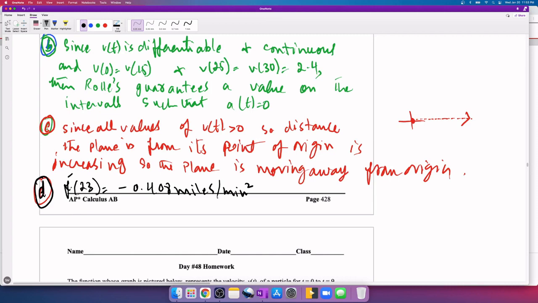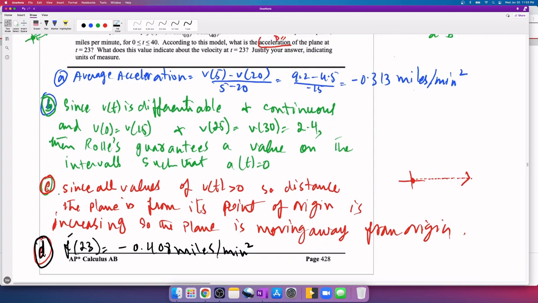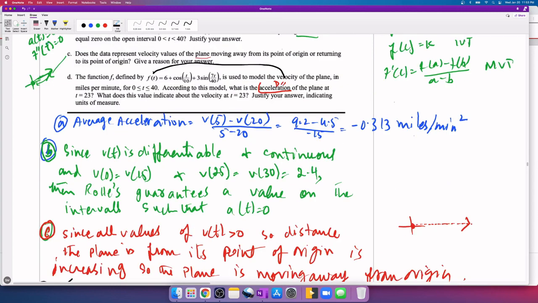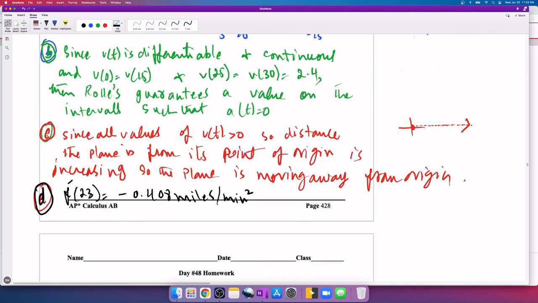I mean, this is the acceleration actually. F is the velocity. You have to read the question very carefully, because most students, when they see this is f of t, think that's the original. But you have to read the question. They said this thing is used to model the velocity of the plane. So this is actually the velocity, and then you have to find the acceleration. So you have to just get the f prime.